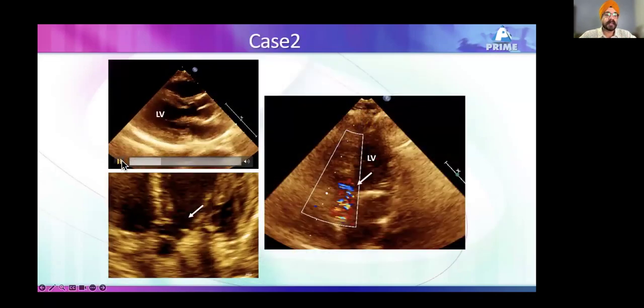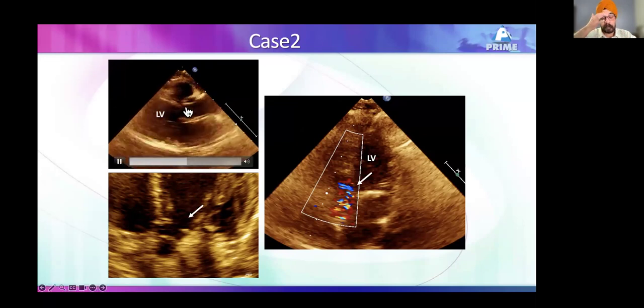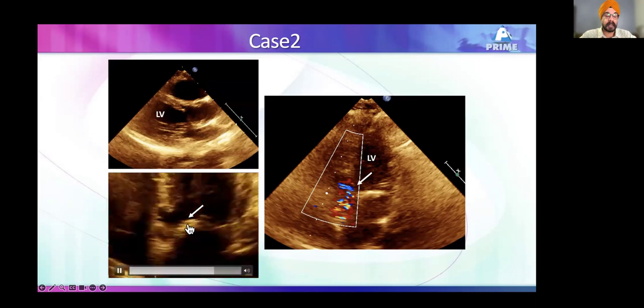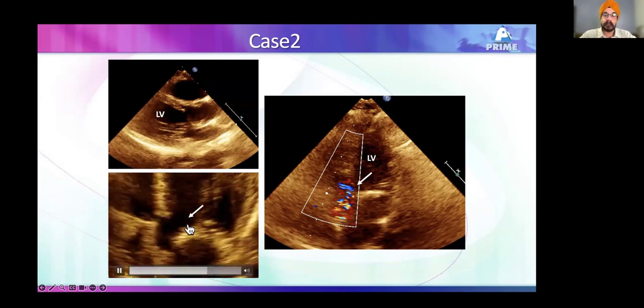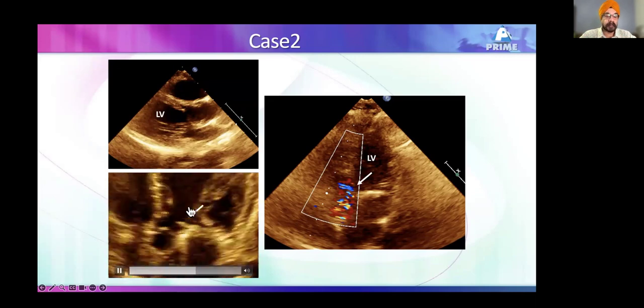Now, another case where the subaortic membrane was kind of doubtful here in a parasternal long axis view, because it may be difficult to see here because you are actually perpendicular on the 2D, but you might be able to see the subaortic membrane a little better on a five chamber view or apical five chamber view.